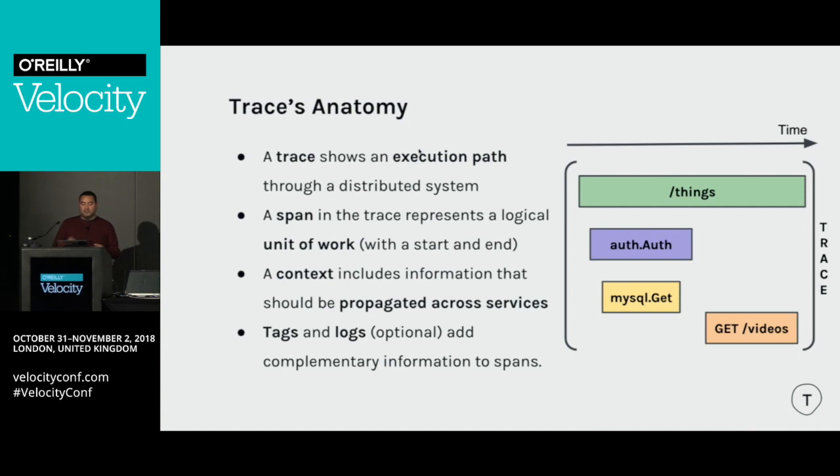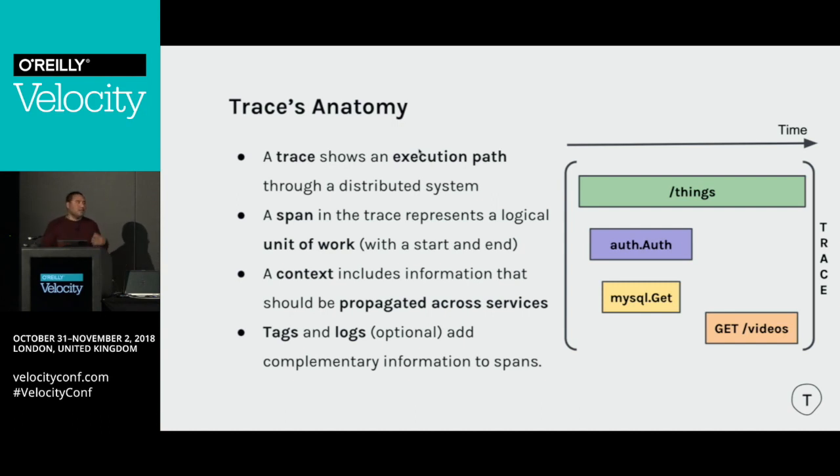Let's go to the trace anatomy. Well, a trace tells you the story of a transaction or workflow as it propagates through a distributed system. It shows the execution path, right? Then you have the span, which is a single unit of work that can represent things that are error-prone or that can have latency.